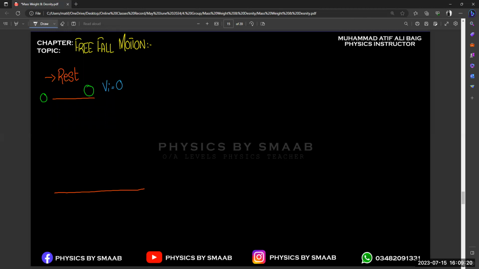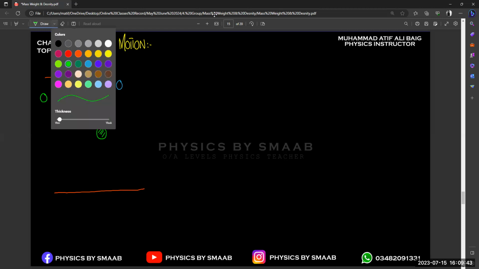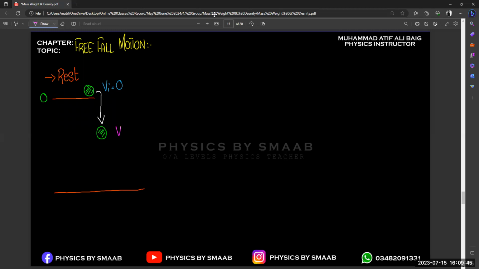Initially the velocity of the body is equal to 0, but after some time, let's suppose we observe this ball at this point, what will be the velocity of this ball? It is greater than 0, because we are not counting in numbers right now, but still it is greater than 0. So now velocity will be greater than 0.